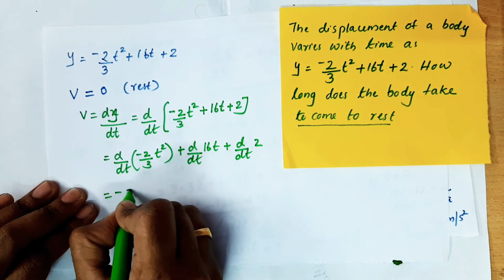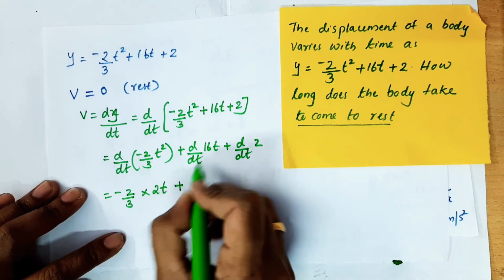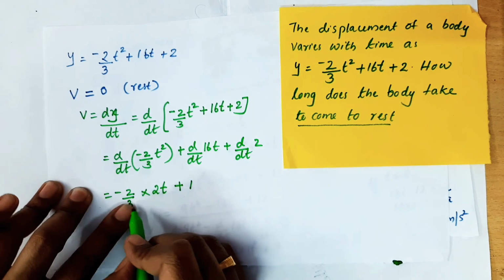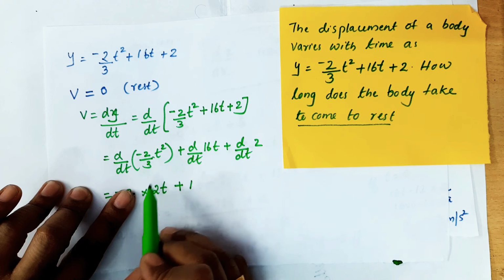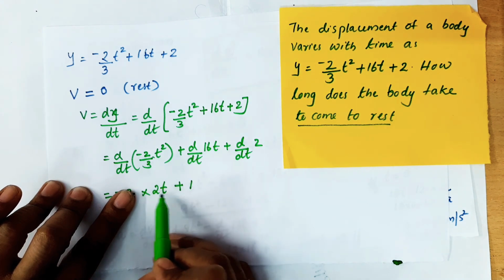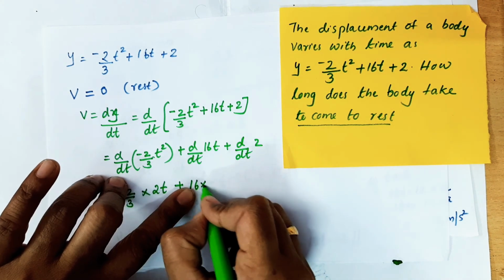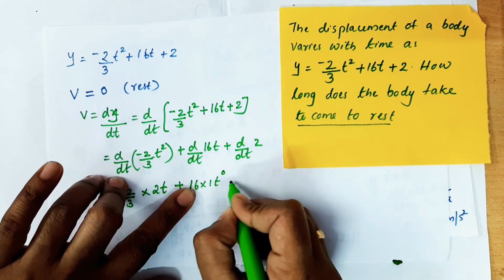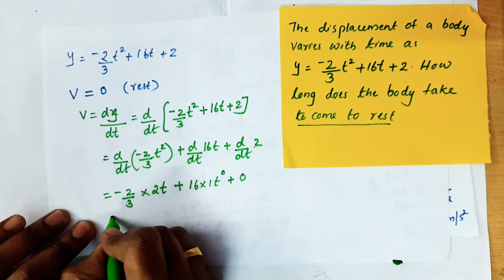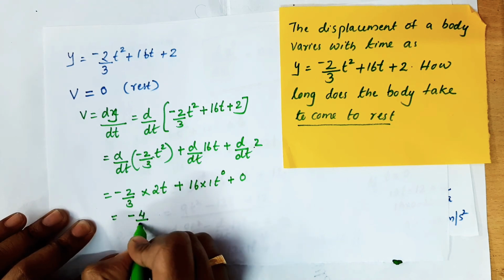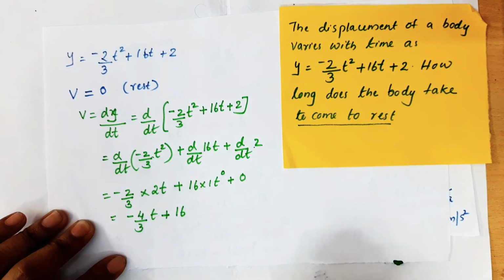So this is minus 2 by 3 into t square, I can write 2t. 2 by 3 is constant, t square, so power is 2, 2t power 2 minus 1, that is only 2t, plus 16 into t, t means 1, t power 1 minus 1 is 0. Then we know that d by dt of 2 is 0 only. I can write minus 4 by 3 t plus 16, because any number raised to 0 is 1.